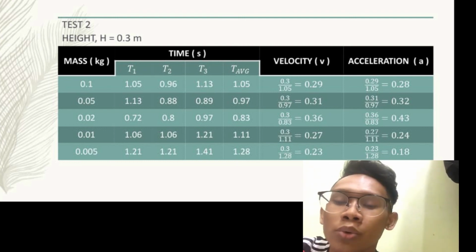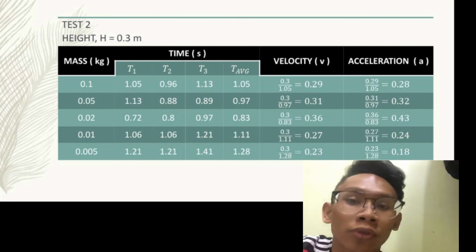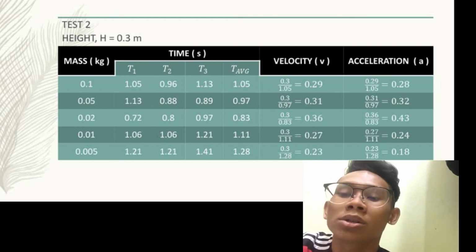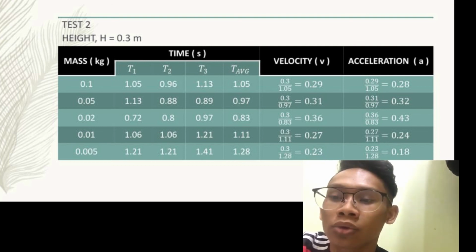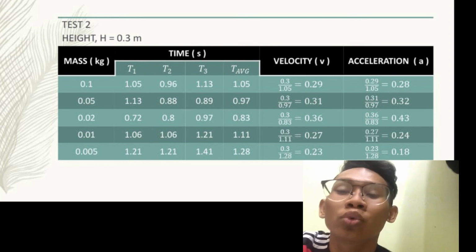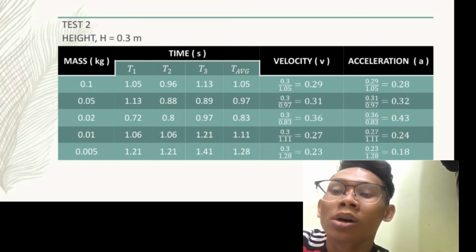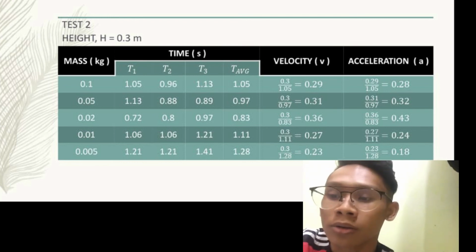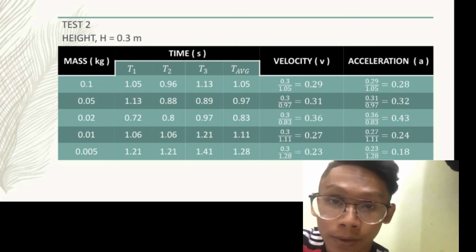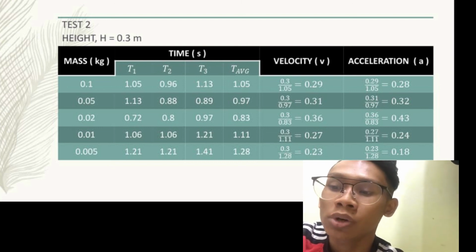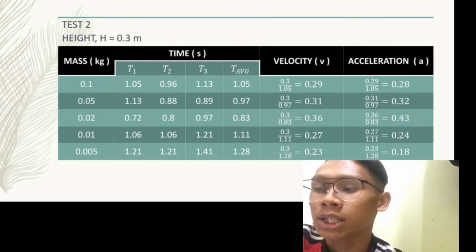Lastly, we use 0.005 kg. For the first we got 1.21, second 1.21 also, and the third 1.41. For AVG we got 1.28. For velocity we got 0.23, and lastly acceleration we got 0.18.